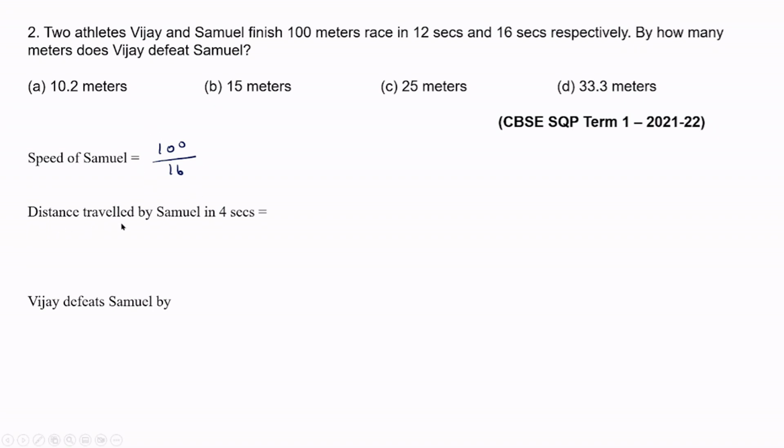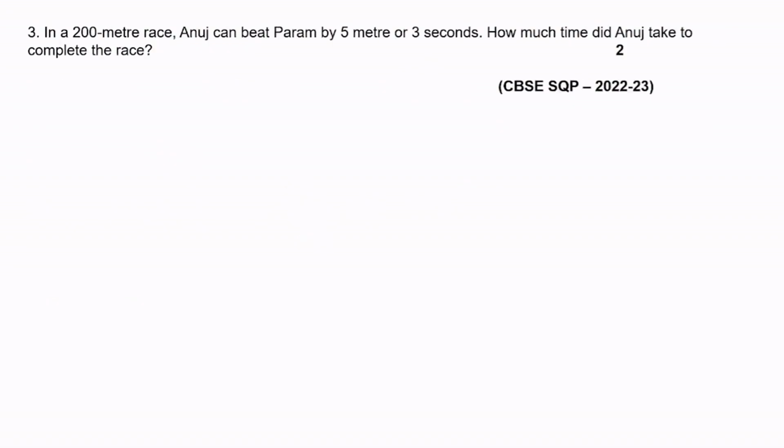And next, distance travelled by Samuel in 4 seconds will be, distance is given by speed into time. So it is 100 by 16 into 4. So this is 25 meters. So this is the distance which Samuel travels after Vijay has completed the race. As a result, Vijay defeats Samuel by 25 meter. So this is the answer. The correct option is option C.